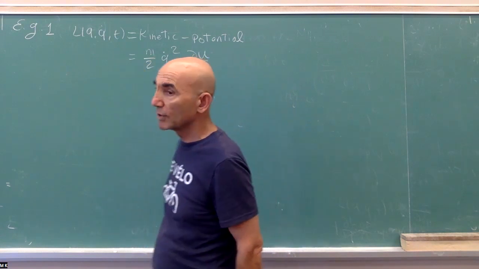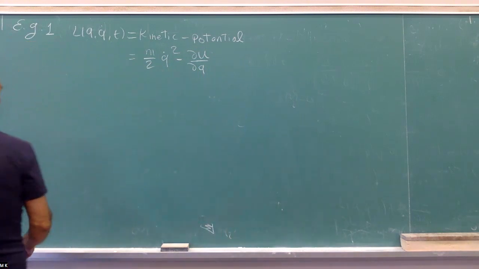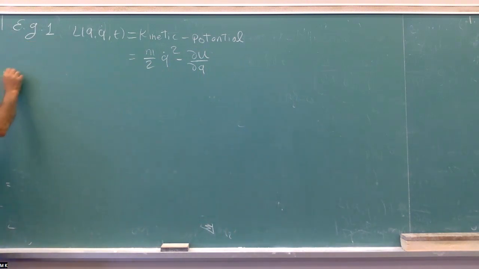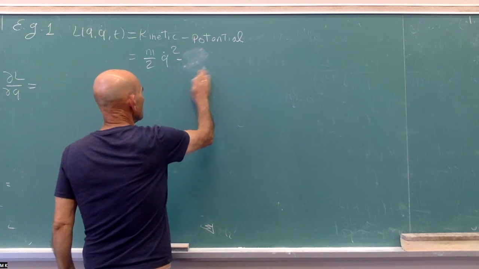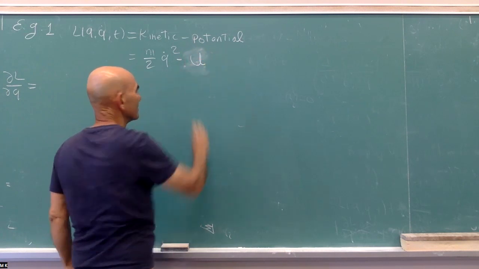So what is the Euler-Lagrange equation in this case? Well, ∂L/∂q is equal to negative, I mean, yeah, this is nonsense. I should put U, sorry, potential.